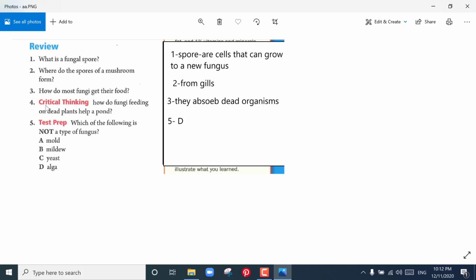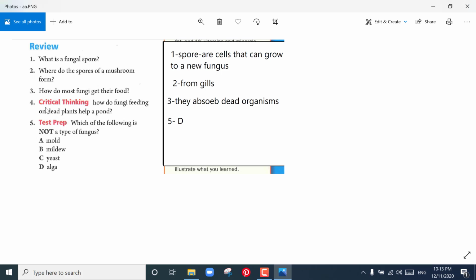And this is for information. How does fungus feeding on dead plants help a pond? We have a pond, some fungi living there. So how do they get their food in there? First of all, they clean the things, and after that, they absorb it and digest it.